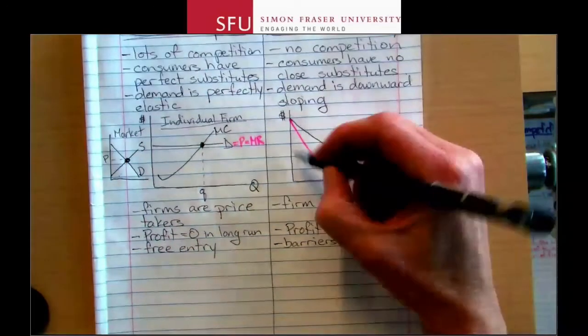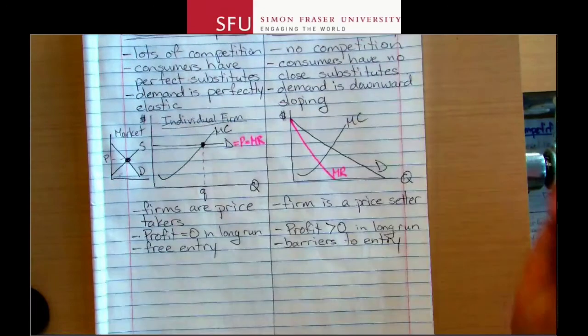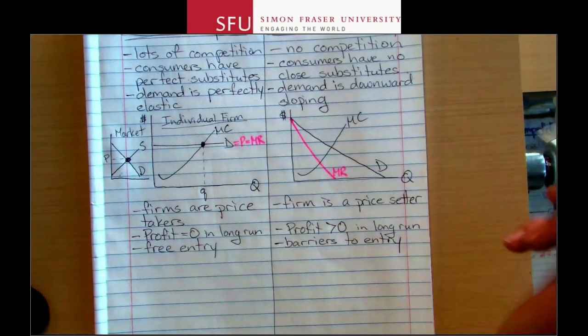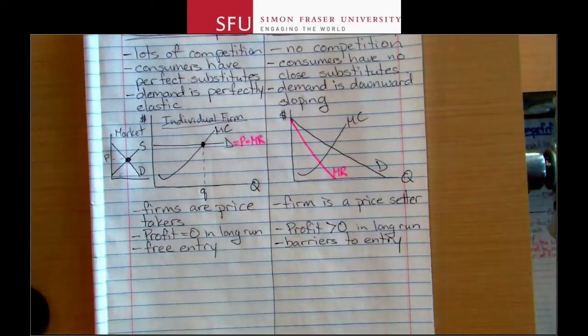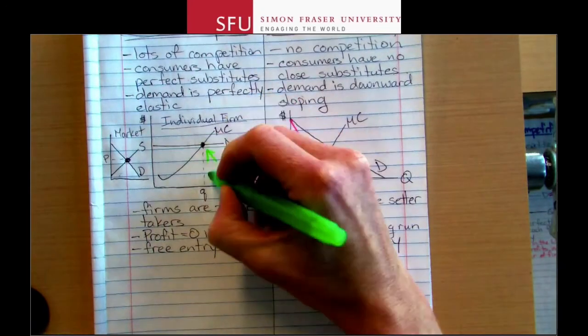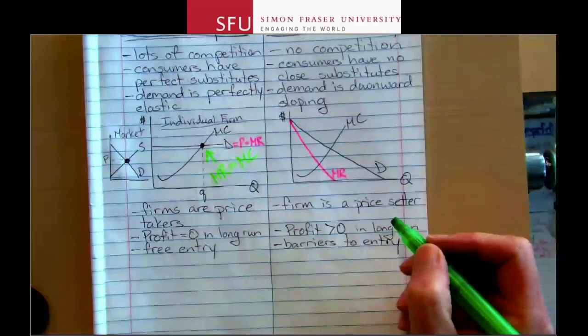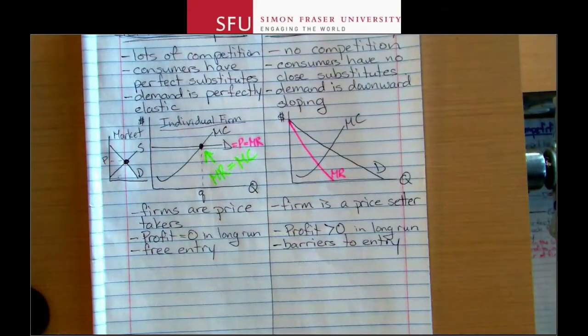Okay, now let's also add a marginal cost curve here. So the equilibrium is the same between MR and MC. So this is MR equals MC. Oh, sorry, that's hard to read. Let me get a different color.